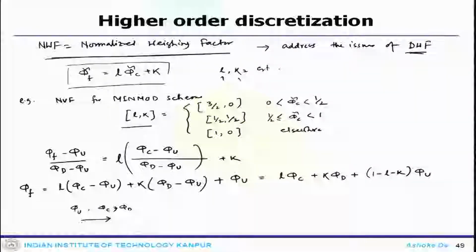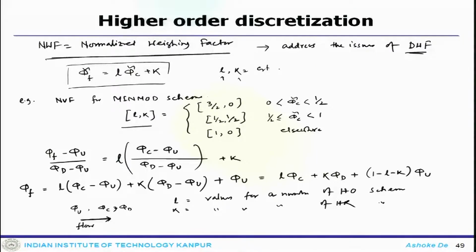That is how the nodes are represented, and it is consistent with the notation we have been following throughout our lectures. Now, these are the values of L and k for a number of higher order schemes, so we can see the values for different kinds of schemes.